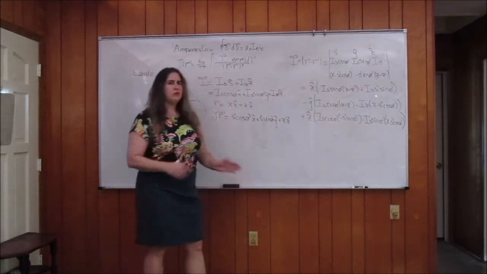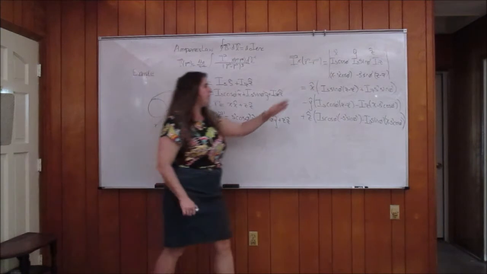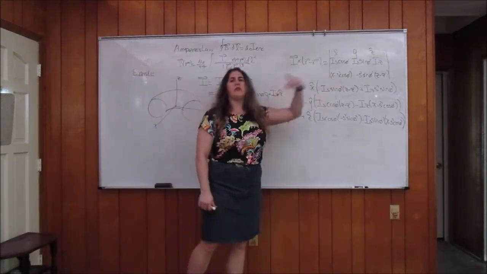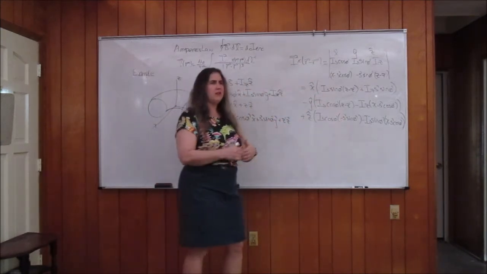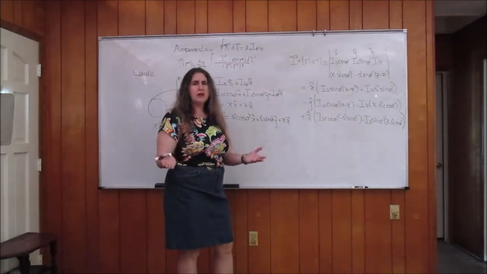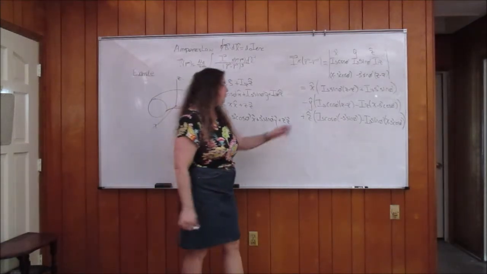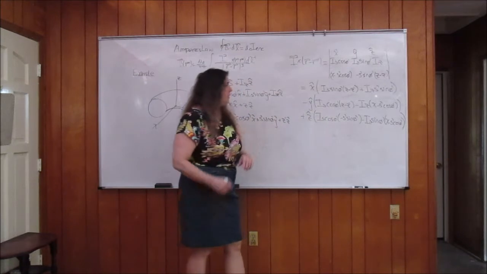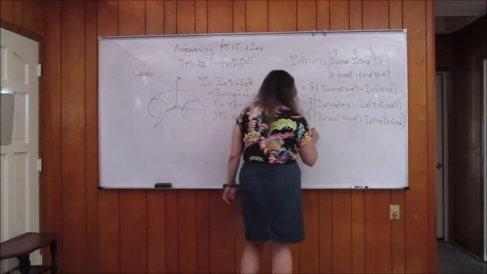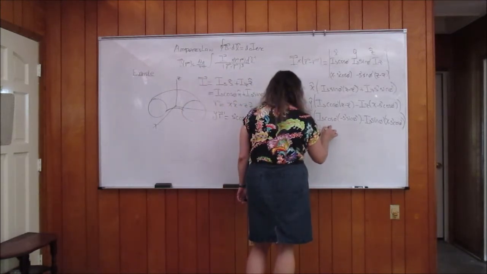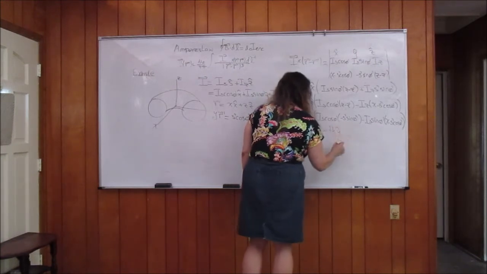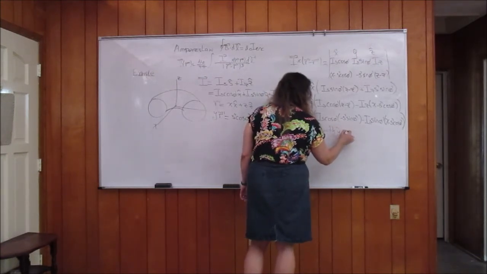So when you add up all these components, there's always going to be a minus sine phi prime, because when you take sine of a negative angle, it just becomes minus sine of that angle. So all those terms are going to drop out, and you'll just be left with the y component.